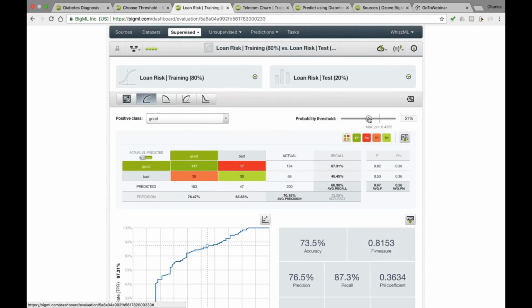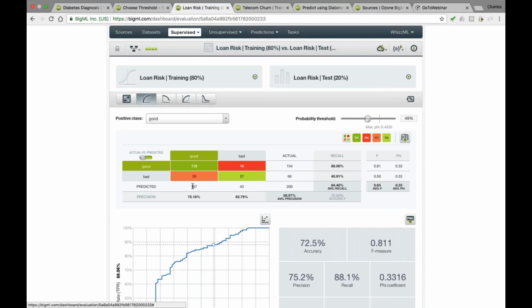And so again, if I move the slider over to 50%, the default threshold, you can see that I'm predicting 157 out of 250 people are good risks, that they'll probably pay back their loan. That's probably true, right? More people will pay back their loan than not in general. You don't get default rates of 50% on most credit problems in the real world. Unfortunately, that doesn't mean anything for my particular business, right?